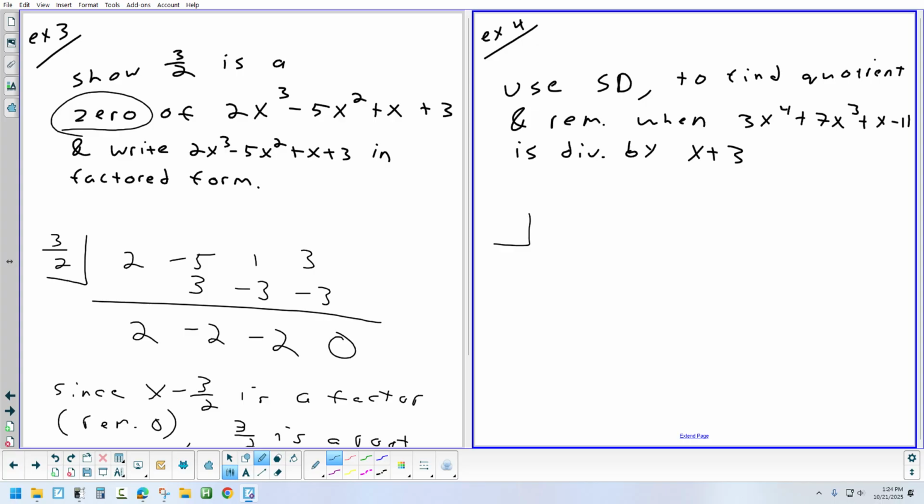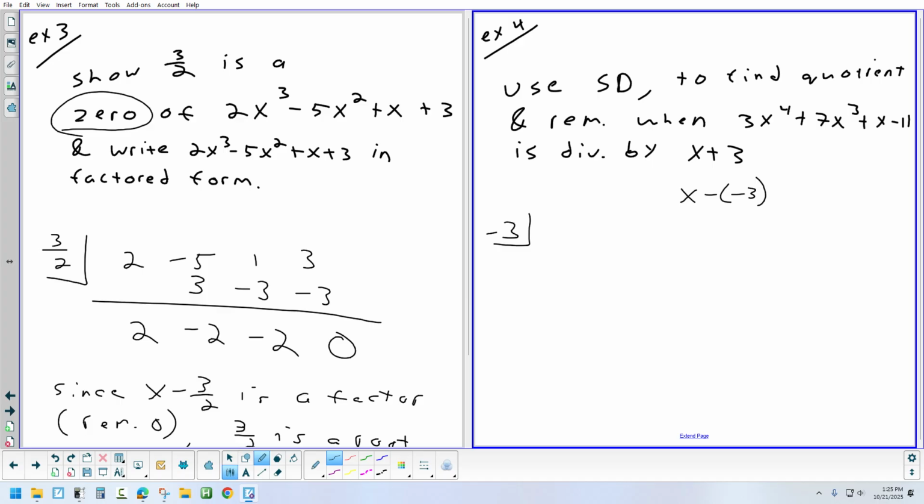Not 3 in this case. Negative 3, because we're dividing by x minus 3. To figure out what goes on the outside, block off the x minus and look at what you have left. Negative 3.